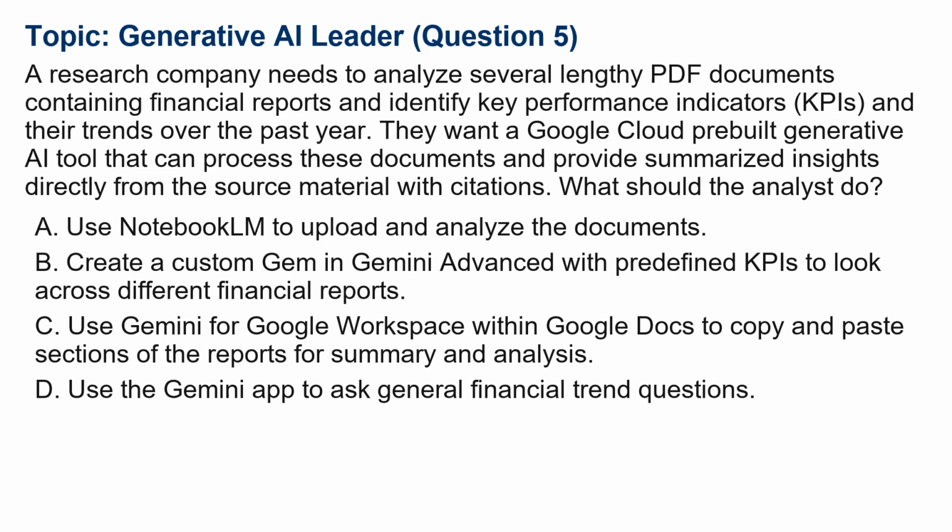A. Use NotebookLM to upload and analyze the documents. B. Create a custom gem in Gemini Advanced with predefined KPIs to look across different financial reports. C. Use Gemini for Google Workspace within Google Docs to copy and paste sections of the reports for summary and analysis. D. Use the Gemini app to ask general financial trend questions.